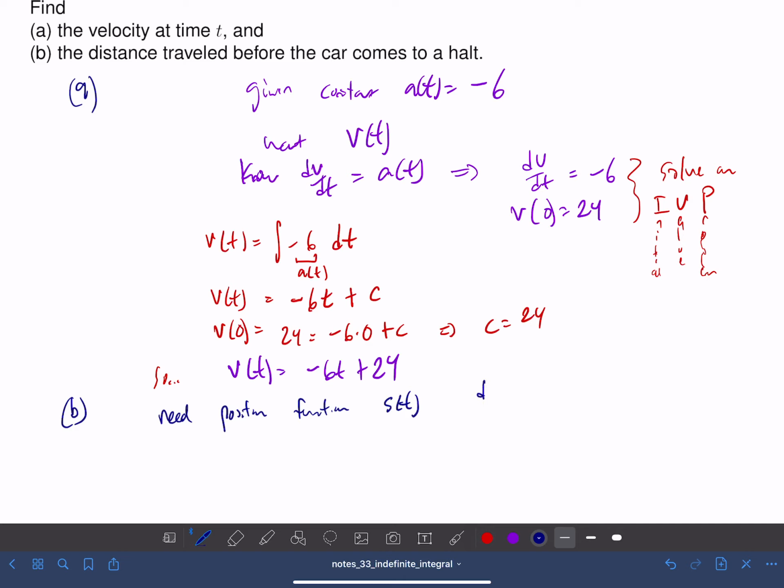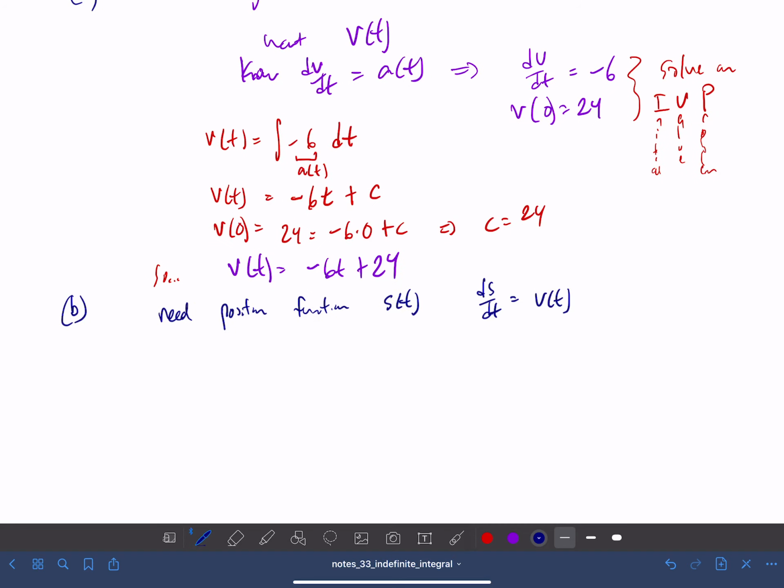And I happen to know that ds/dt is equal to v of t. The derivative of position is velocity. So that means that s is equal to the integral of v of t dt.